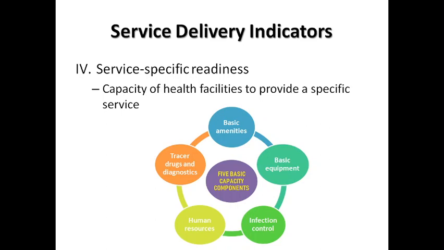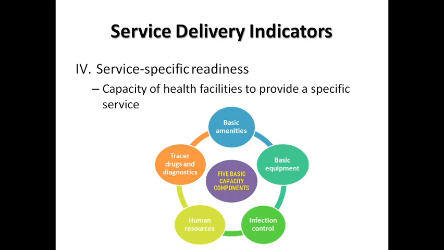And then the fourth is service-specific readiness, wherein you look into the capacity of health facilities to provide a specific service. So for Roman numeral number 3, we look at the availability of that specific service. For Roman numeral 4, we also need to look into the readiness of the health facility, whether or not they can provide the actual specific service.